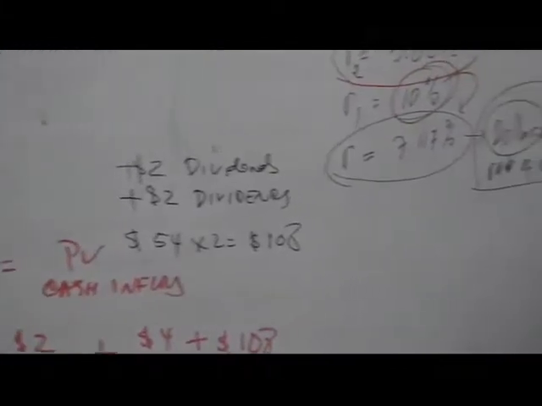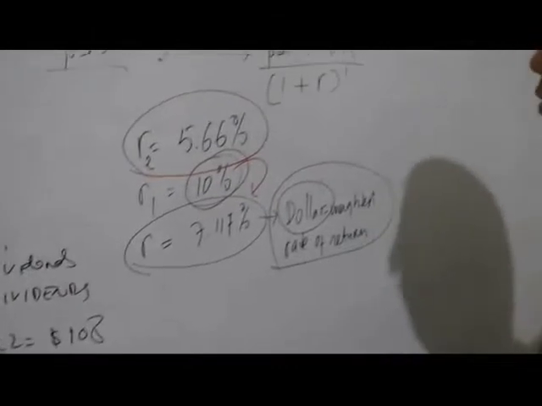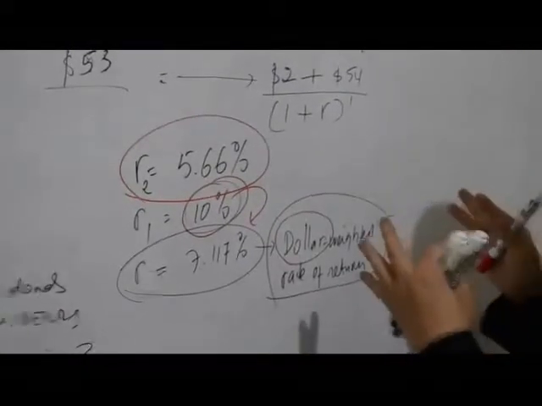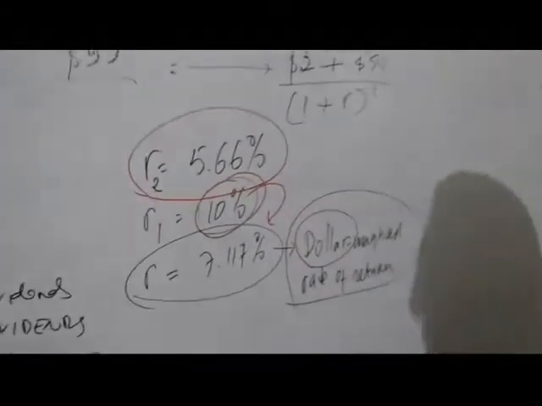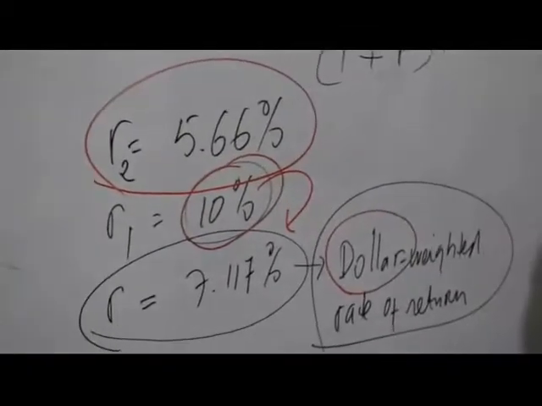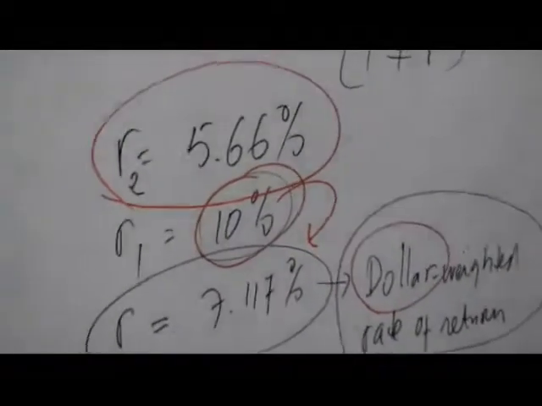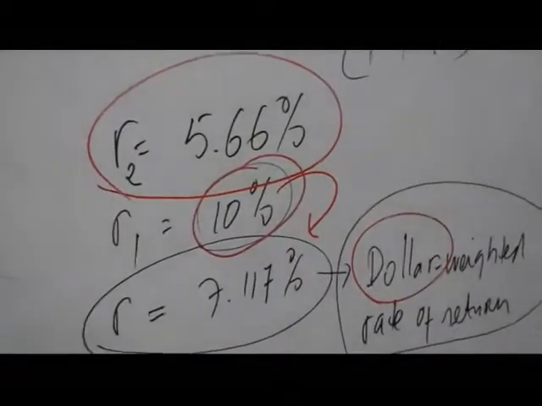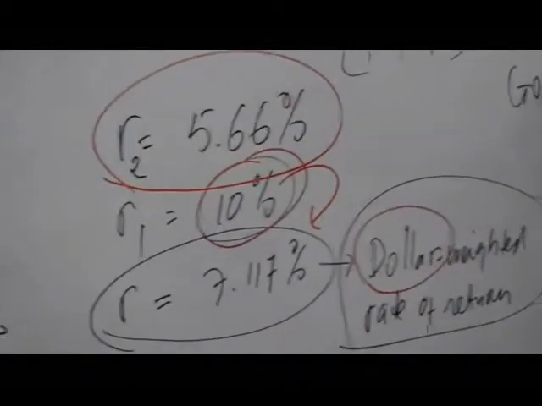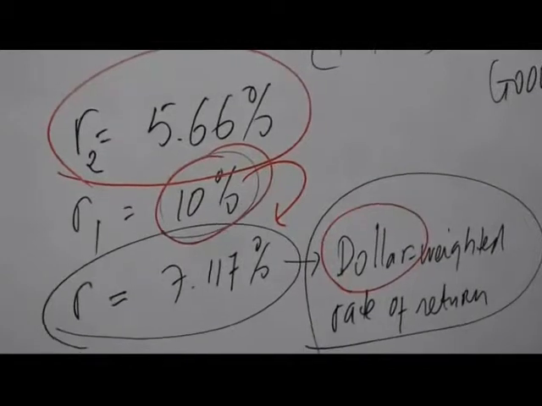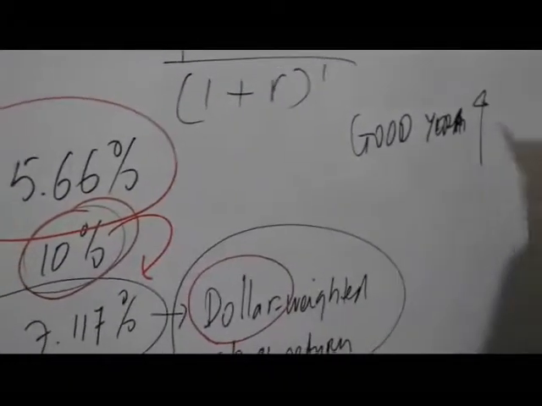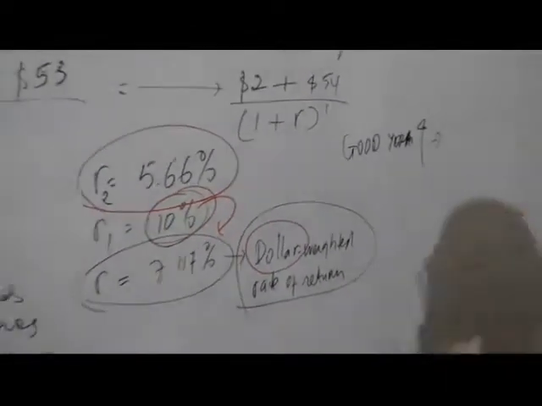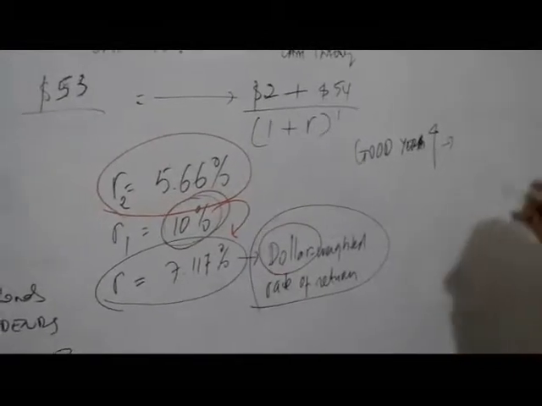But some people say, yeah, this makes sense because the more money that you put into the investment, if the market is going up, so you have a good year, your return is up, then you see you have more money at the end of the second year.